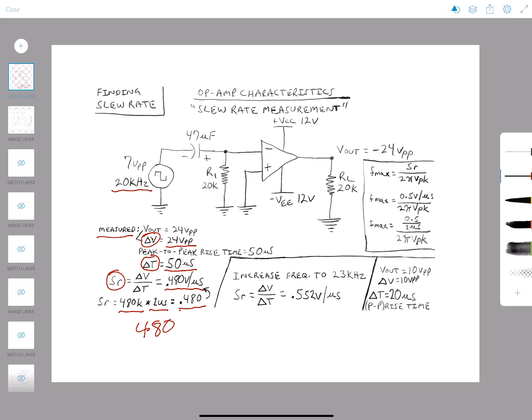Now that we have our slew rate based on these values, how do we determine if this slew rate value is going to work for this op amp?